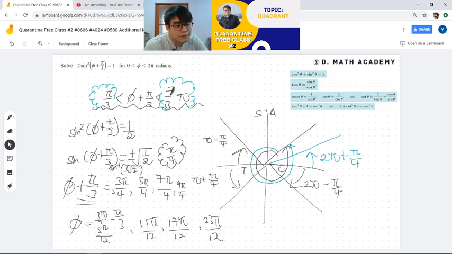So after minusing it off, by running the calculation over here, taking your 3 pi over 4 minus pi over 3, then you will get the result.